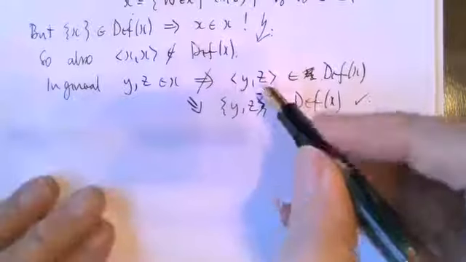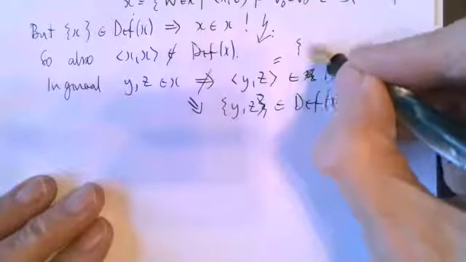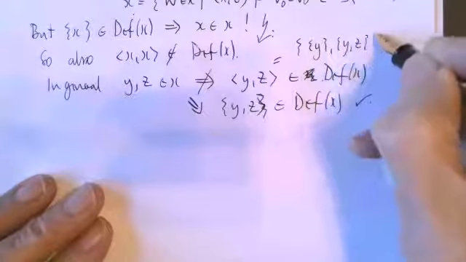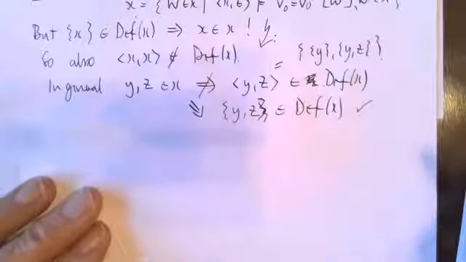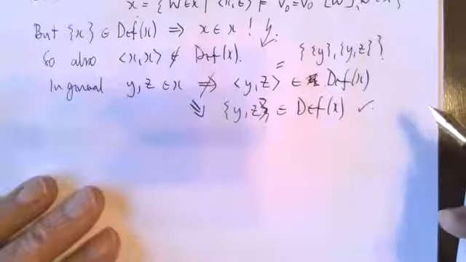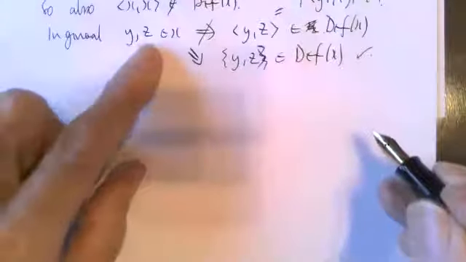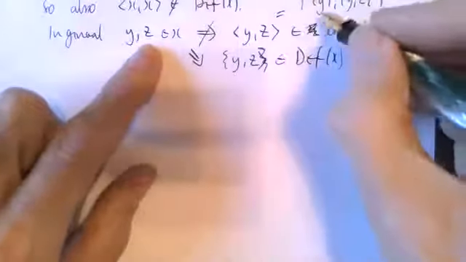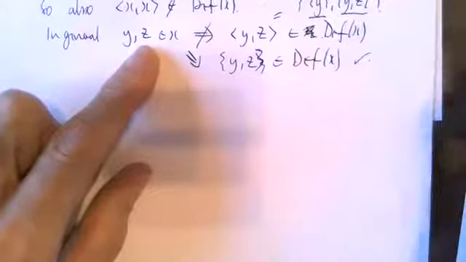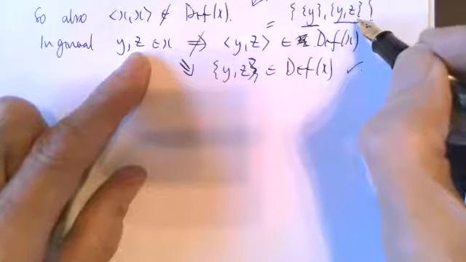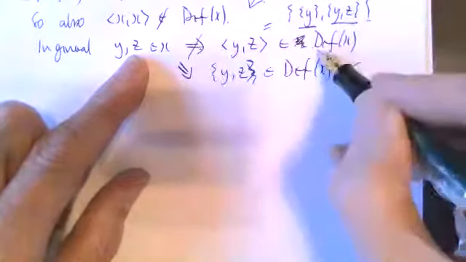But recall what the ordered pair is. You should check your understanding here. Y and Z may be in X, and that'll mean that this and this are in def X. That doesn't mean that this whole thing will be in def X. It's definable from something definable. So in general, we won't have this.